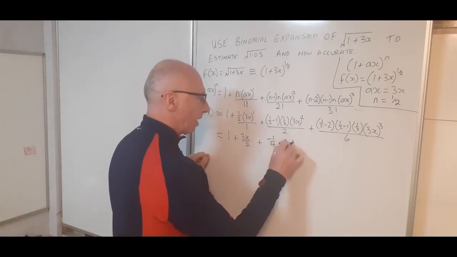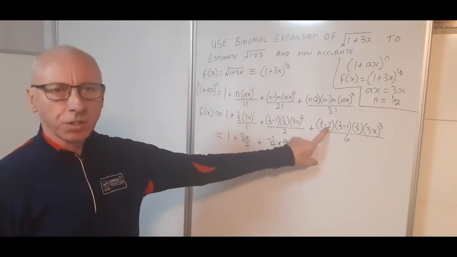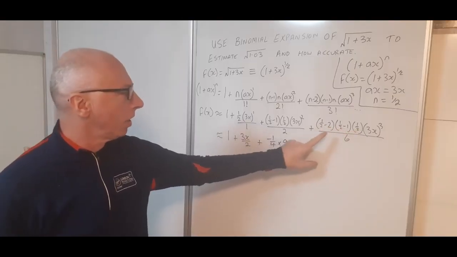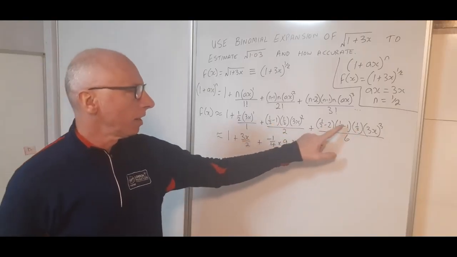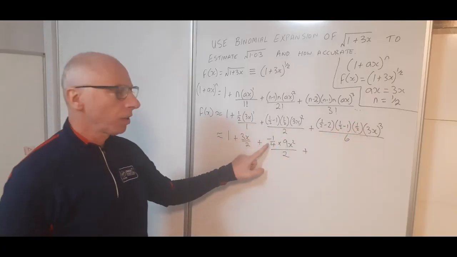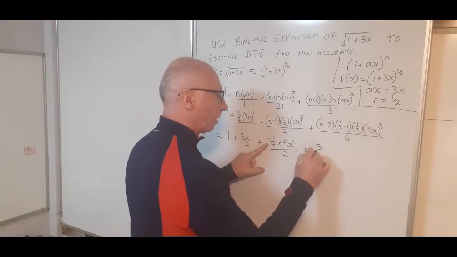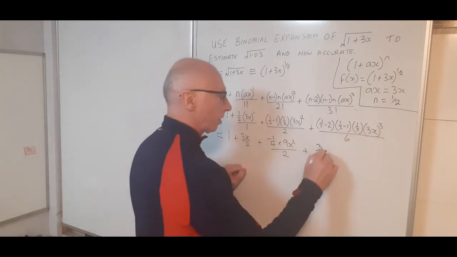So let's write that like that. And then the next one, I've got minus 3 over 2, minus a half and a half. So if I do minus 3 over 2 times this one, because that and that is here and here, so minus 3 over 2 times that will give me 3 over 8. And then 3x cubed is 27x cubed.